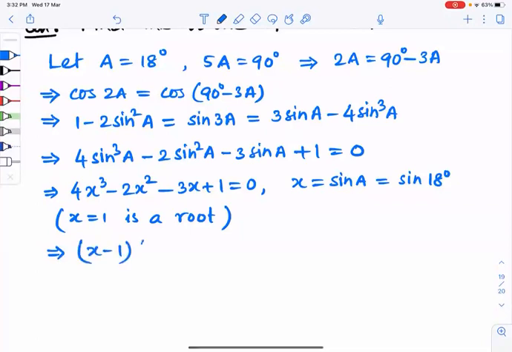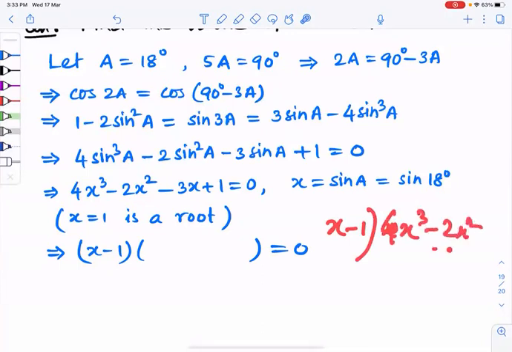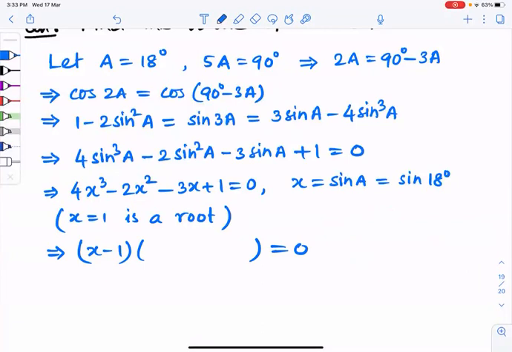If it is a factor, then the remaining factor, how to get it, you can use long division, 4x cube minus 2x square and so on. You can use long division to get that. Here I am using a shortcut method. I have to get 4x cube, so I will take 4x square here because 4x square into x is 4x cube. But then also 4x square into minus 1 is minus 4x square.